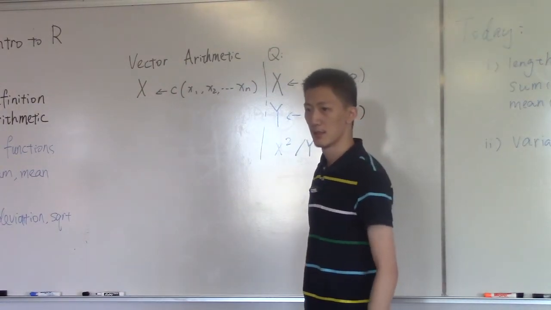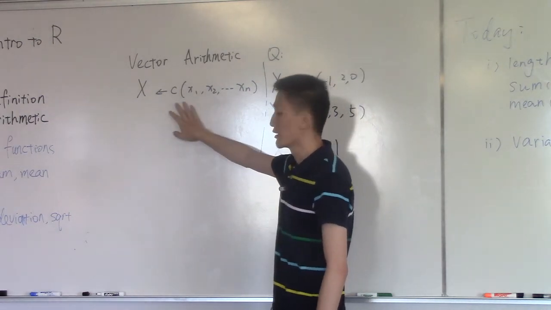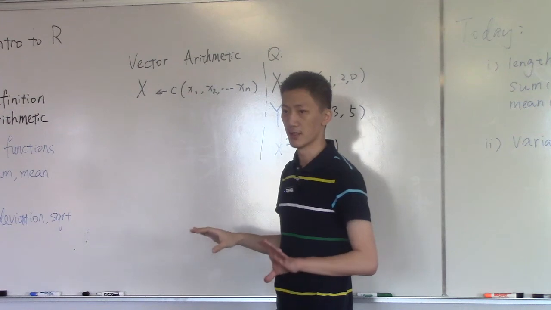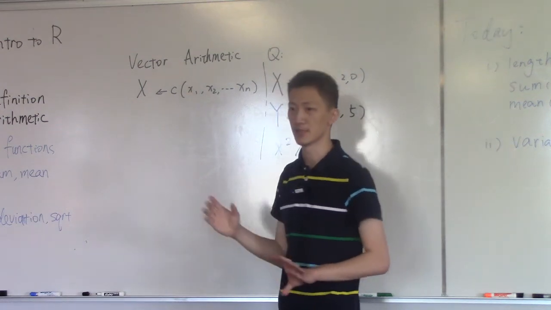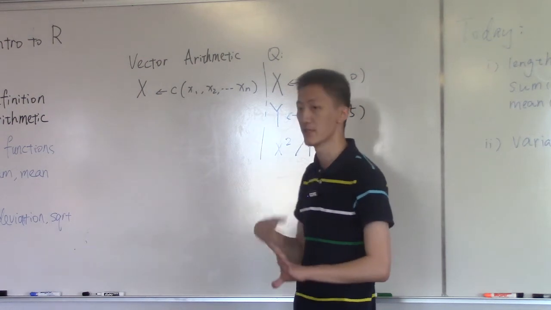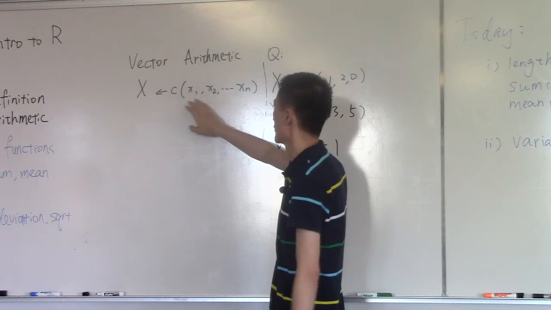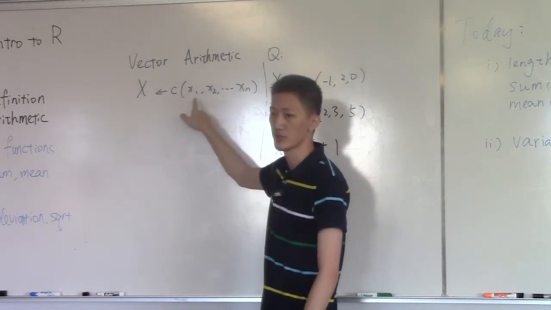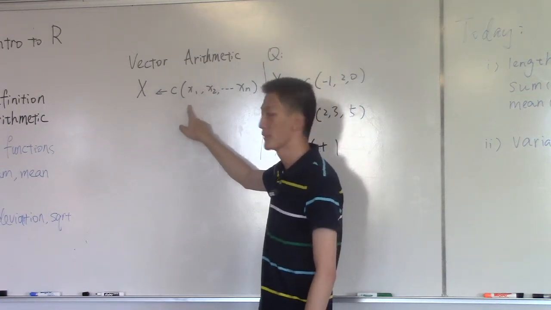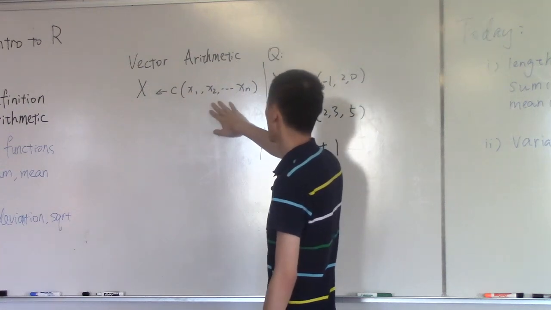When you do a vector, do you have to include c at the front of it? Yeah, that's actually the grammar, or the format, of the assignment statements in R. If you recall previous labs, you know that this is how you do the assignment in R. Okay. So this is the definition of the vector.